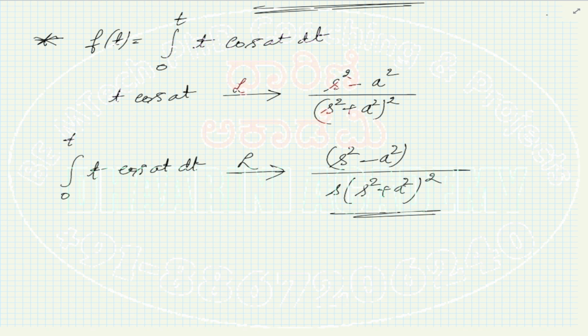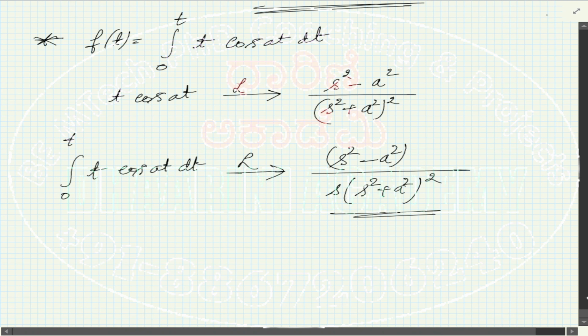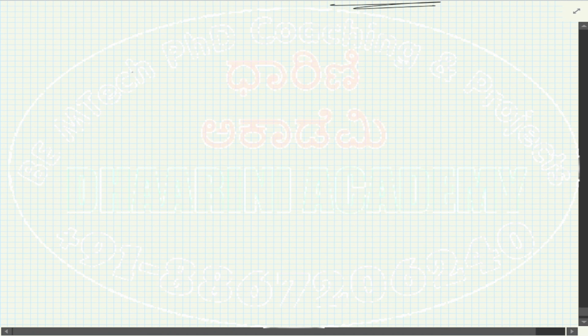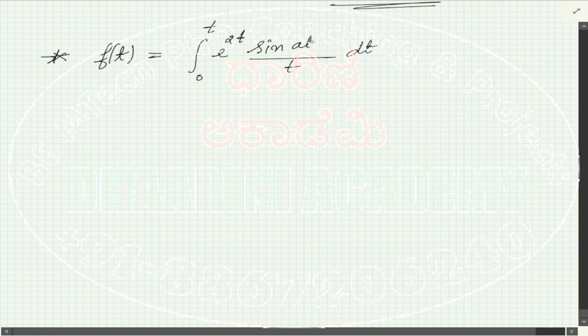Okay, then let's go to the next question. F of t is equal to integral 0 to t e to the 2t, this is sine at divided by t dt, right?